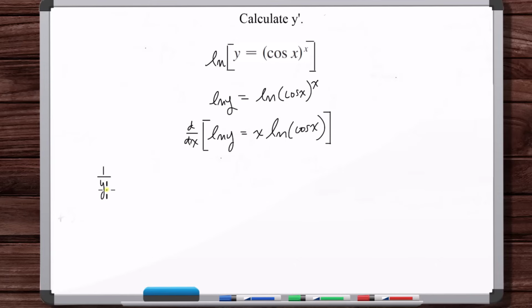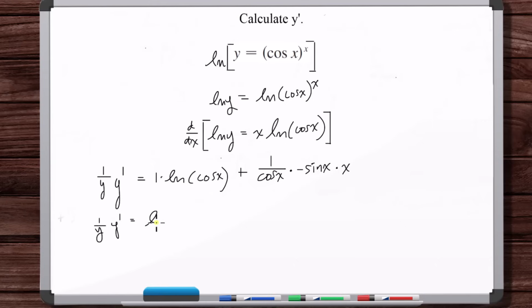So we've got 1 over y times y prime is equal to, let's use the product rule here. So the derivative of the first is 1 times the second plus the derivative of the second. We need to use the chain rule here. So the derivative of the natural log of something is 1 over that something times the derivative of cosine of x, which is minus sine of x, okay, times the first. So the derivative of the first times the second plus the derivative of the second times the first.